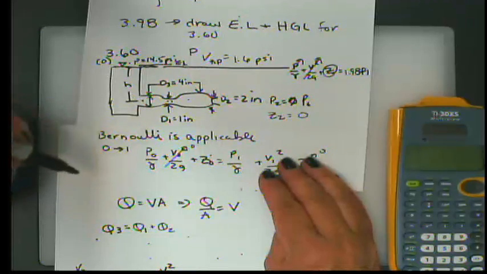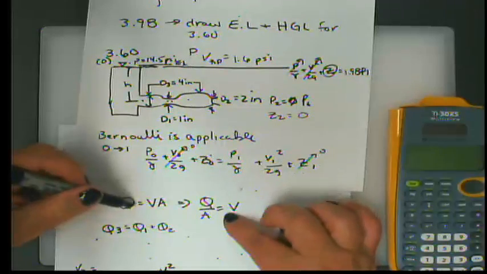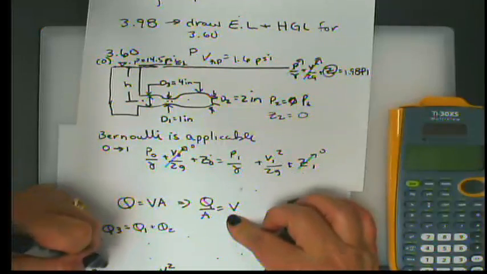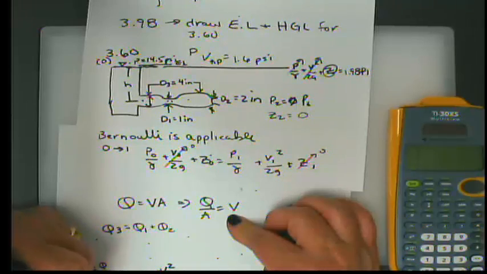So if we look at the 4-inch pipe, we can say that this V is going to be equal to Q, which is a constant, over the area of pipe 3. This is Q, which is a constant, over the area of pipe 1, and Q here over the outlet area.